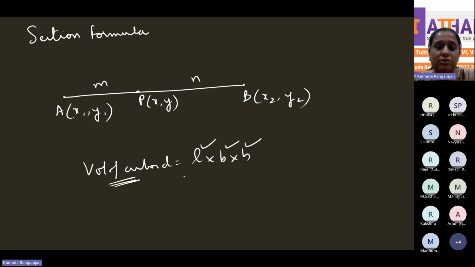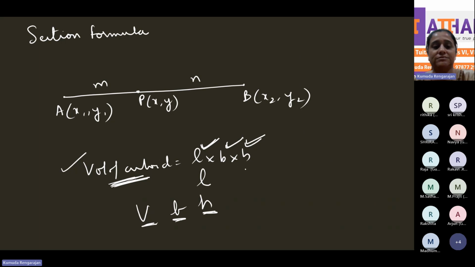But the use of the formula does not end there. It is not used only to find the volume of a cuboid. You can also find the length of the cuboid, given the volume, breadth, and height, using this formula.